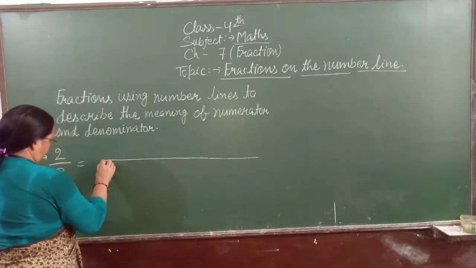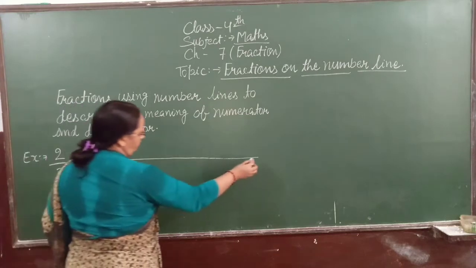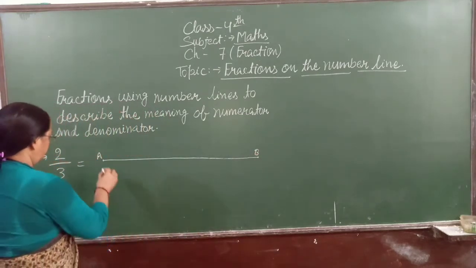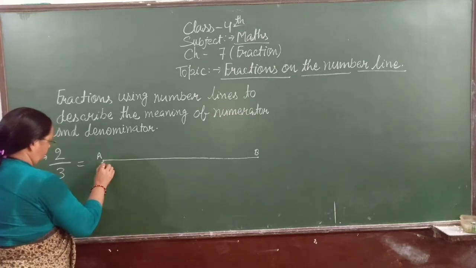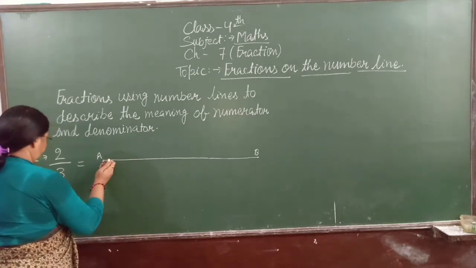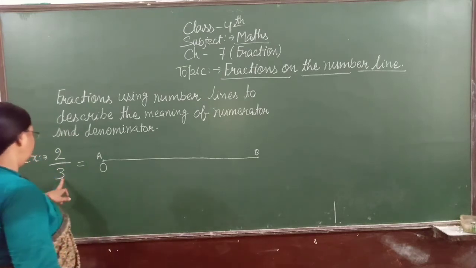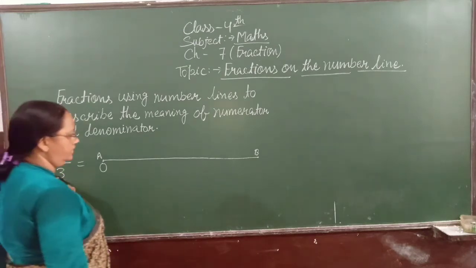Point it A and B. Then start with 0, and the denominator is 3.